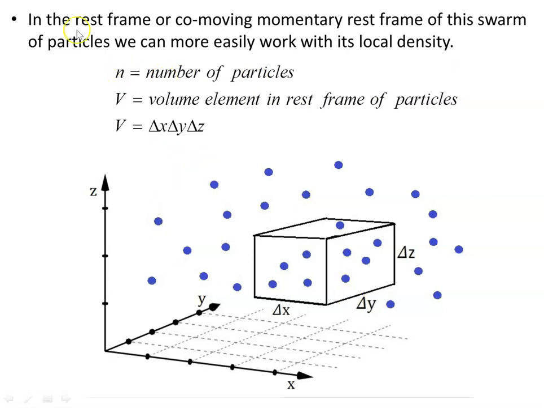So let's say for our swarm we have n equals, n is the number of particles. V is the volume element in the rest frame of the particles. So volume element delta x, delta y, delta z. And the volume is those three multiplied together. Now this is in the rest frame of the particles. So this box is at rest with respect to the particles in this particular case.